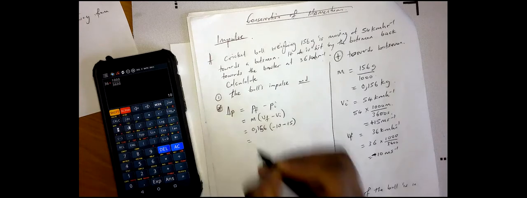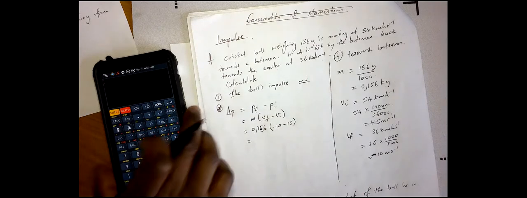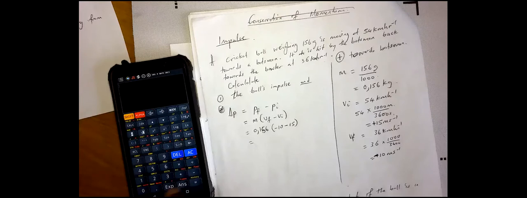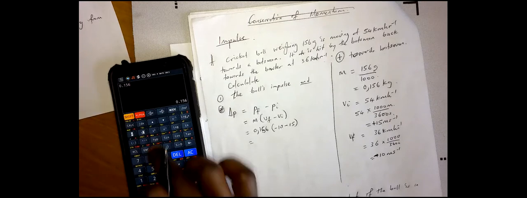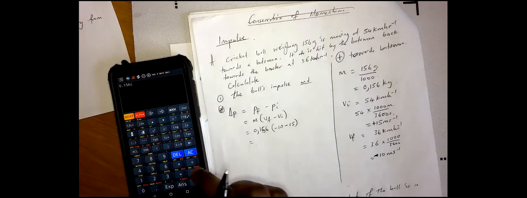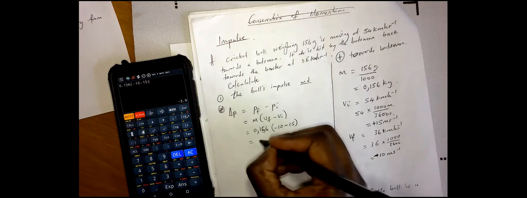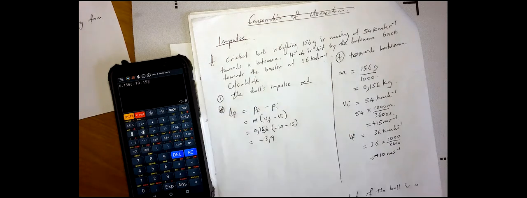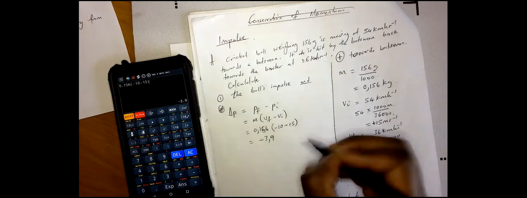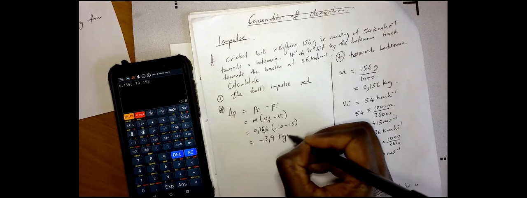Then what do we get there? Let's calculate: 0.156, bracket, negative 10 minus 15. We get negative 3.9. Negative 3.9 what? Negative 3.9 kg meters per second.